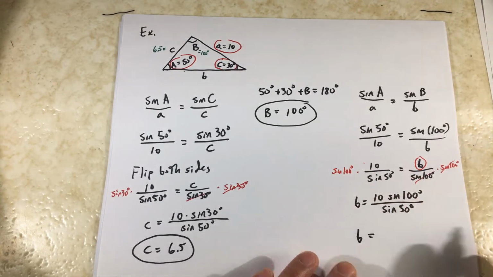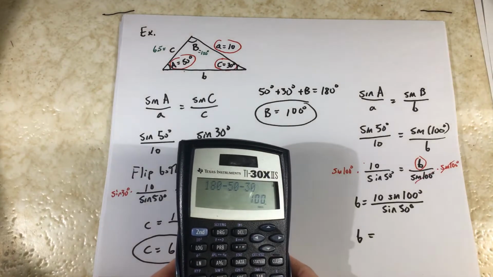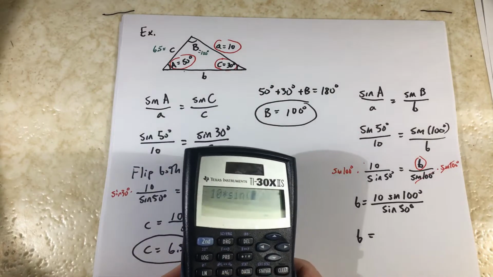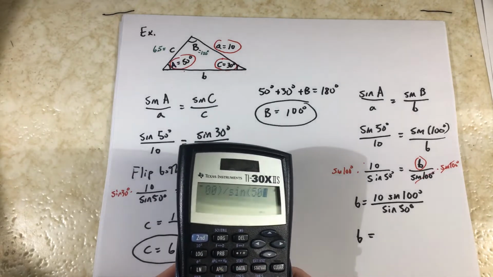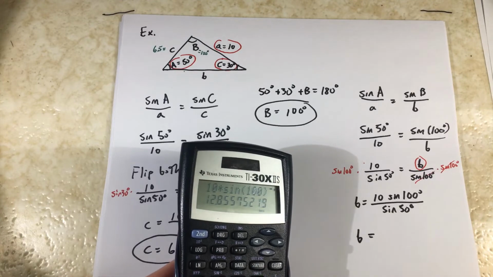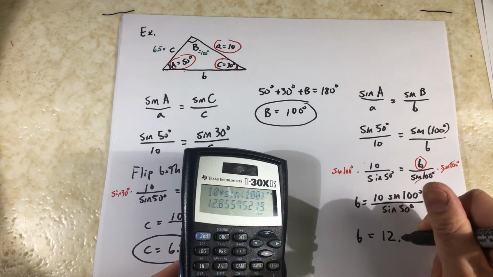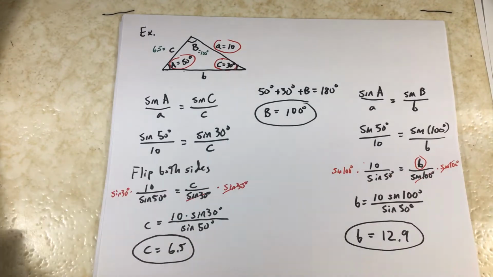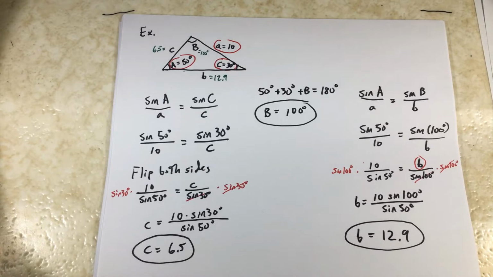I'll plug this in my calculator once again: 10 times sine 100 divided by sine of 50. All right, I got 12.9. Okay, and there we go. So using the law of sines, I was able to solve for all of these sides. That is how you apply the law of sines.